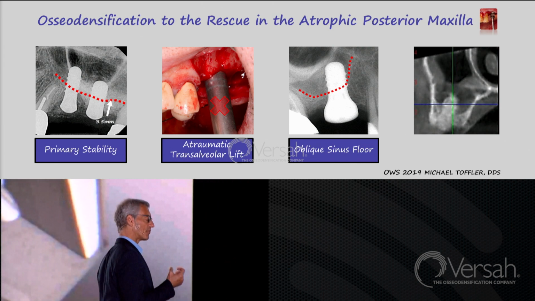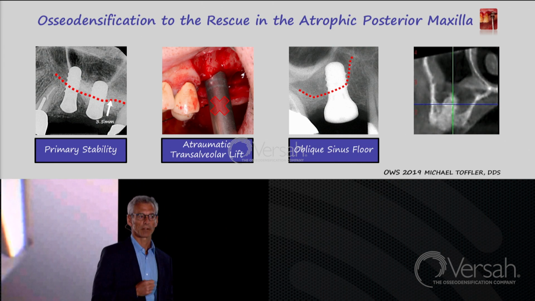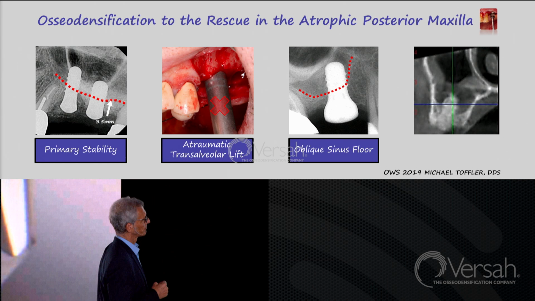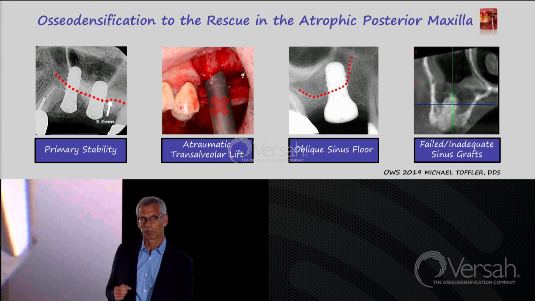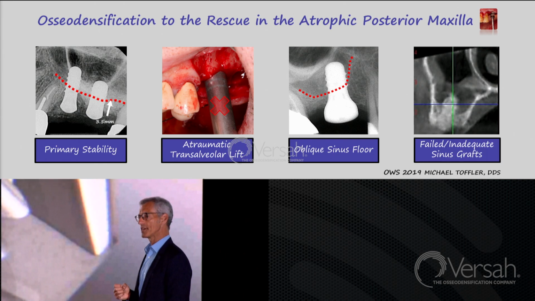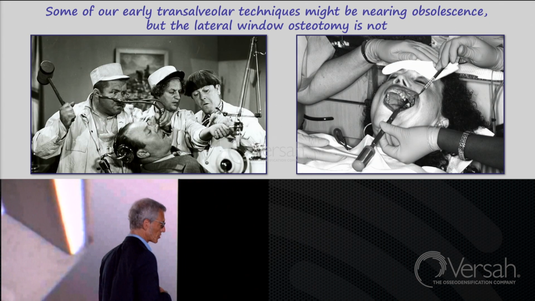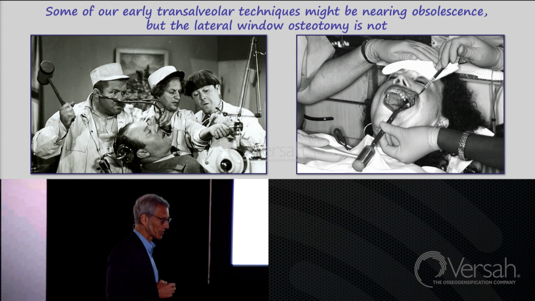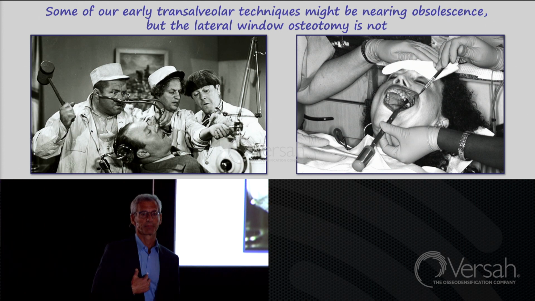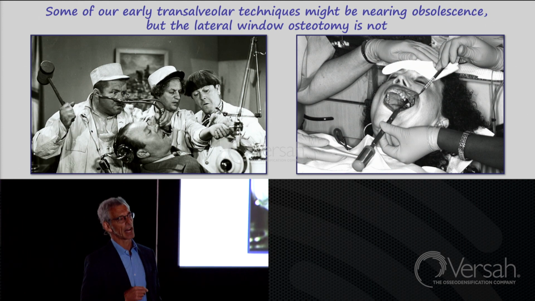I now have a safer approach to the oblique sinus floor and sinus septum. And what a great aid for the failed or inadequate sinus graft. No doubt, some of my earliest transalveolar techniques are nearing obsolescence, but for me, the lateral window osteotomy is not.